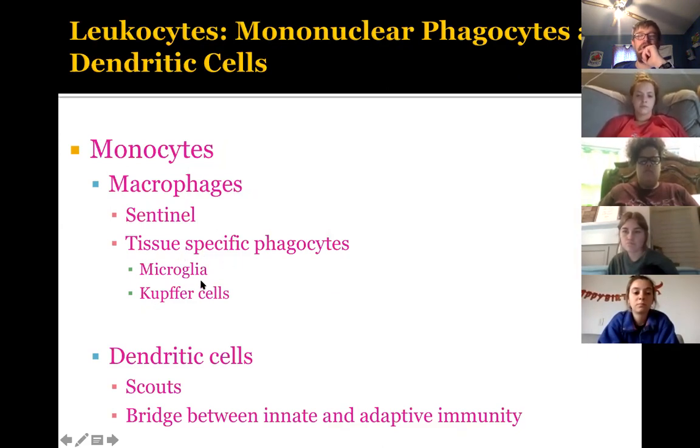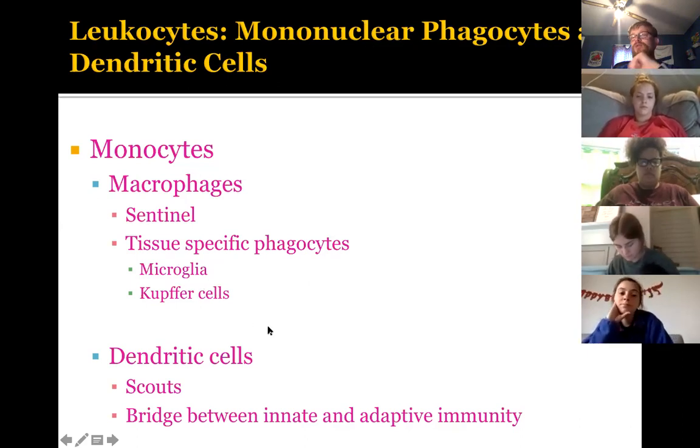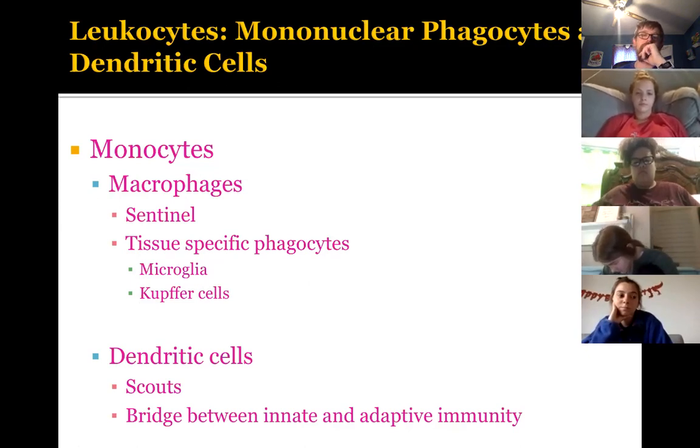So microglia is a macrophage of the nervous system. If you've heard of Kupffer cells, these are macrophages that exist within the liver. Depending on the organ system and the tissue, they might not have a specific name, but they usually do have macrophages that are helping patrol that tissue in case there is some type of infection or damage to it.